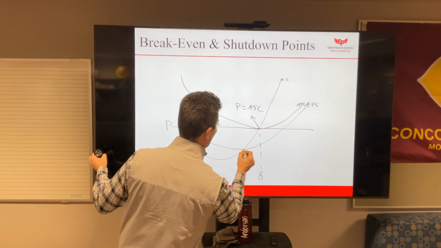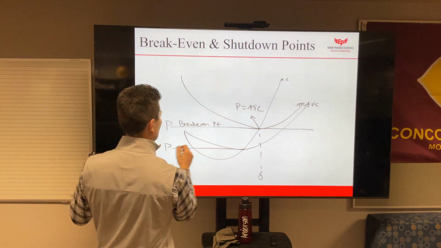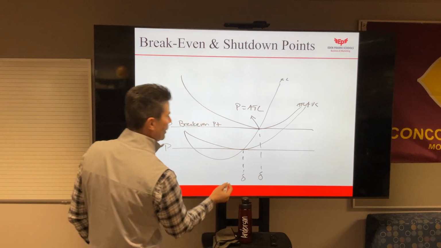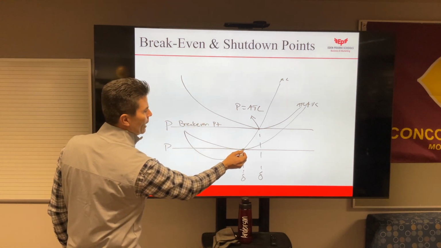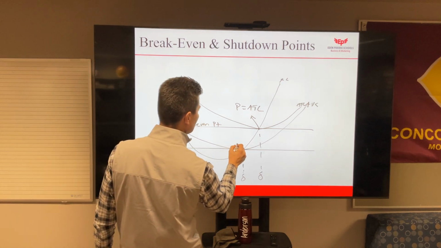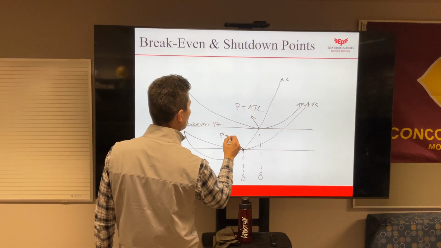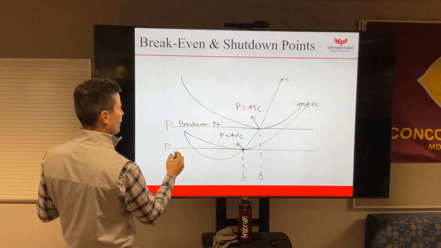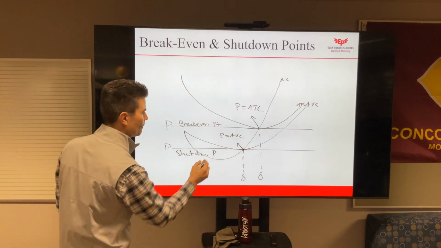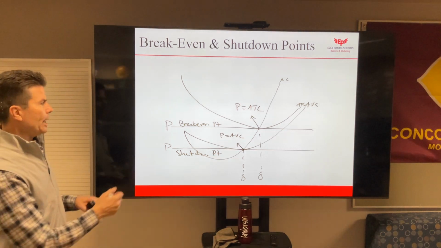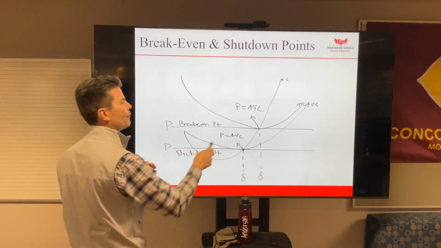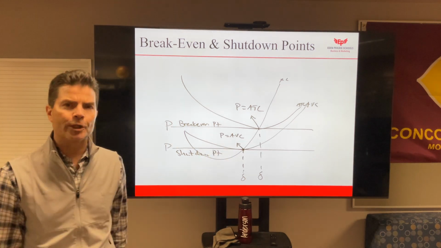The shutdown point is if your optimal quantity is right here. And if your optimal quantity is where price equals AVC, this is called the shutdown point. So if your price is equal to average variable cost, you have a decision to make.